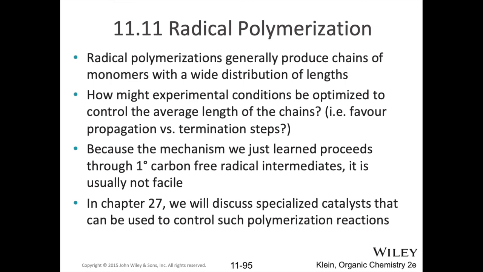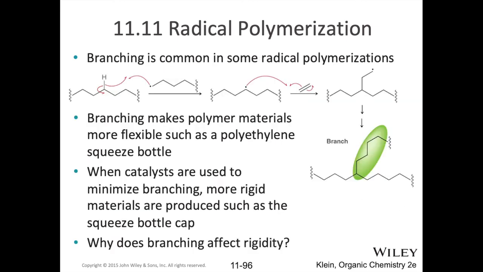And like I mentioned, there are other reactions that can do this, and since primary monomers aren't really good candidates for these, whether it's a radical addition or even a carbocation or carbanion intermediate, since those aren't particularly stable, if you want to use a primary monomer, one way to do this is to use a catalyst of some sort. If you want to skip ahead to later in your textbook, chapter 27 goes into detail on some of the catalysts that can carry out these polymerization reactions.